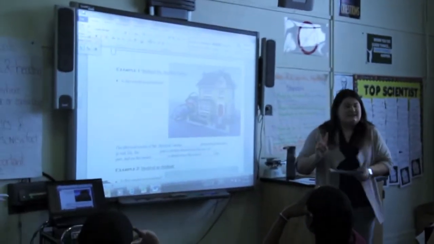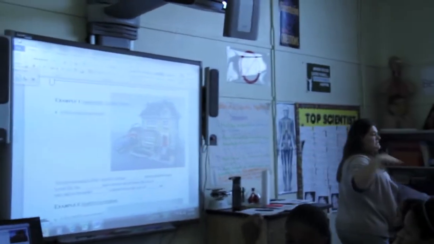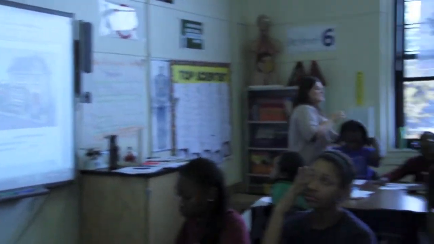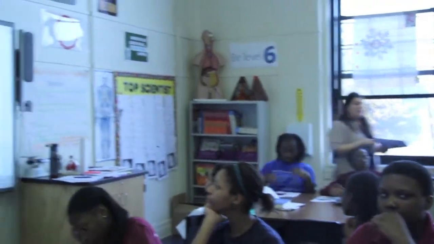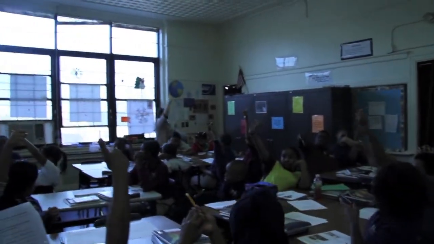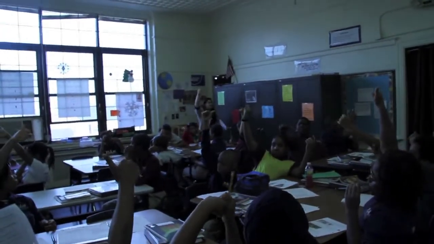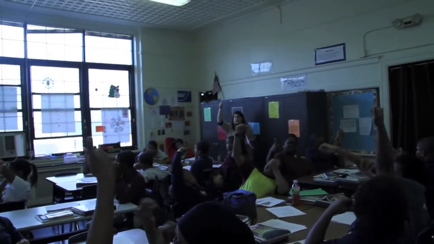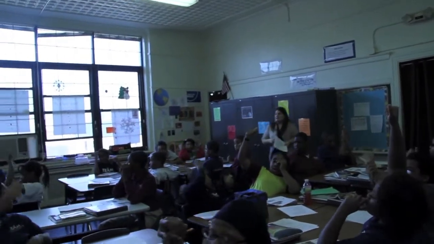Okay, let's look at the second attribute, and we kind of already started talking about this. The entire model as a whole. Is it to scale? Thumbs up if you think it is, thumbs down if you think it's not. Quadir's table, if you don't have your thumb up, I'm assuming you have a question. Akayla, what do you think?